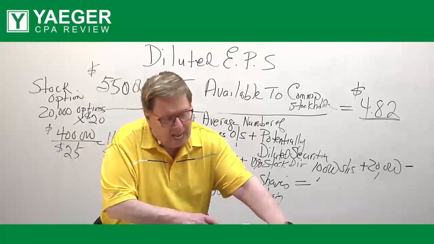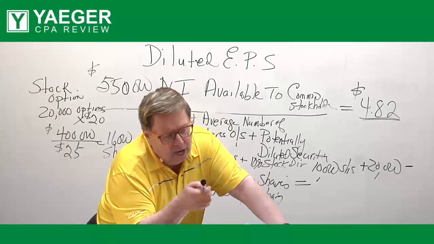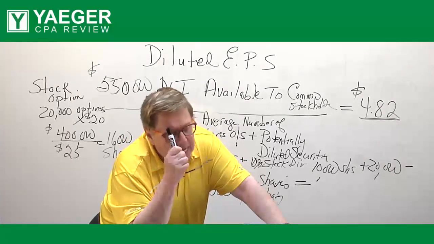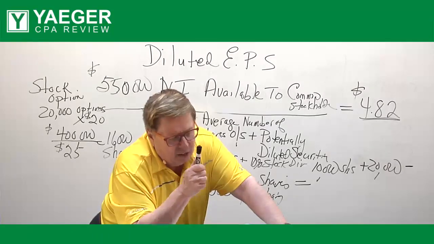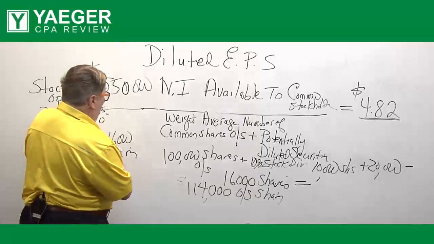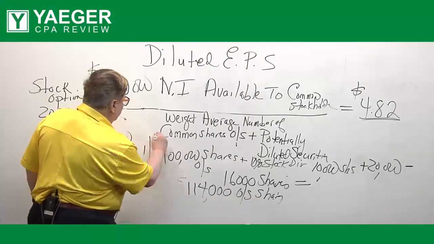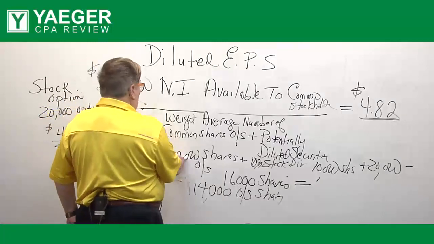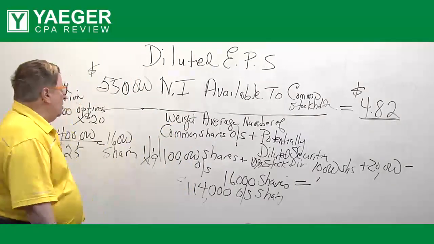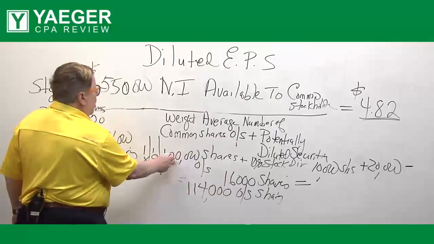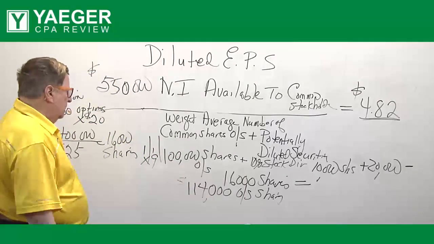The weighted average of number of outstanding shares plus potentially diluted securities. Now, what did they have? Well, Weaver had 100,000 shares of common stock issued and outstanding at December 31st, 20x8. Because they had it as of 1/1/x9, they had it for 12 months, so the 100,000 is already weighted.